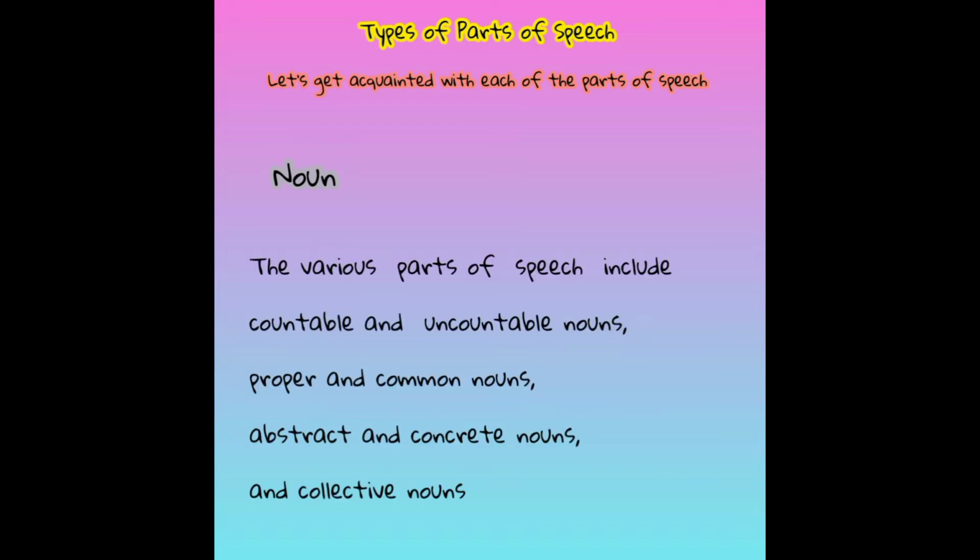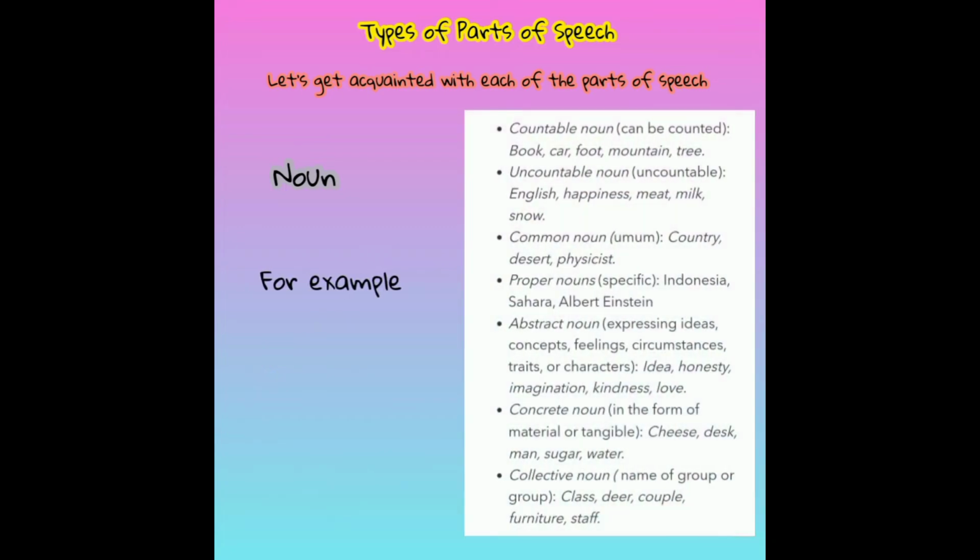The various types of nouns include countable and uncountable nouns, proper and common nouns, abstract and concrete nouns, and collective nouns. For example, countable nouns can be content, book, car, food, mountain, tree.